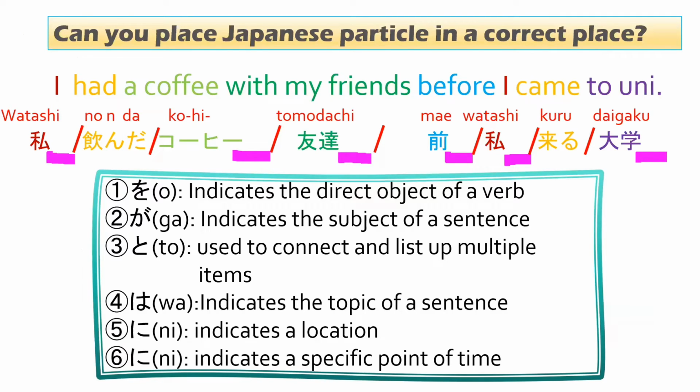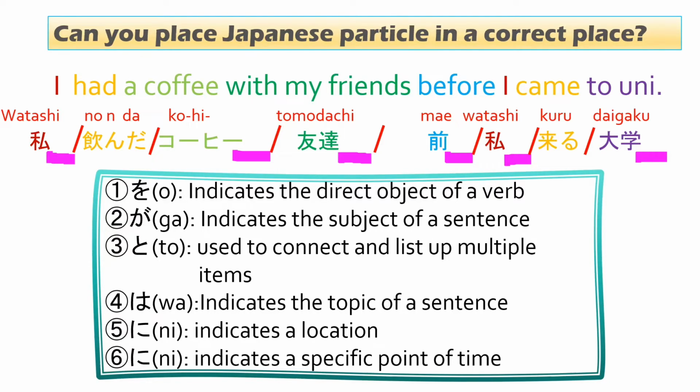The next quiz is about particles. Here's an example sentence. I had a coffee with my friends before I came to uni. Underneath this sentence, there's a Japanese sentence of it, but the particles are missing. So there should be 6 particles in the Japanese sentence, and I'd like you to identify which particles go in which blank.